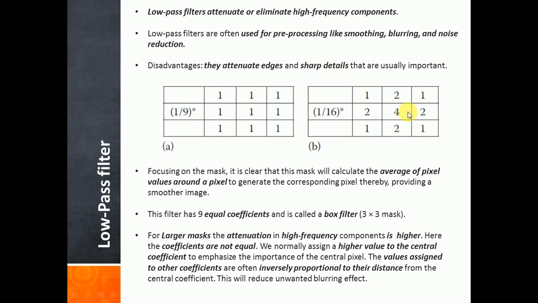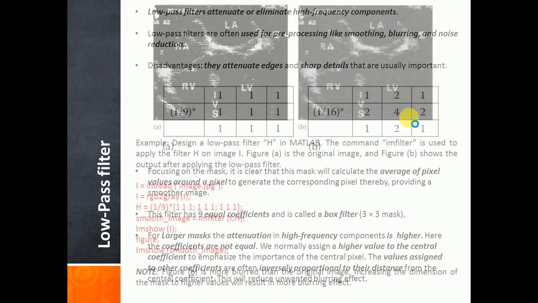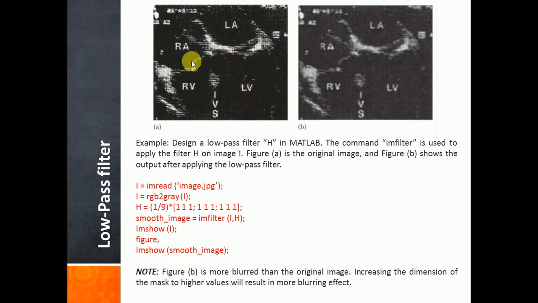So the central component has the highest weight, and the further you move away, the weight gets less and less. But again, this looks like an average. This is one example where you take the original image and pass it through a low pass filter. As you can see, it does smooth the image, but it has a blurring effect.